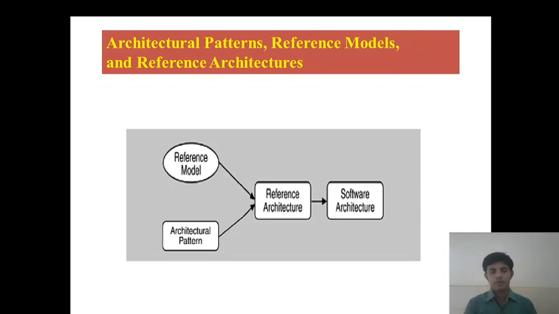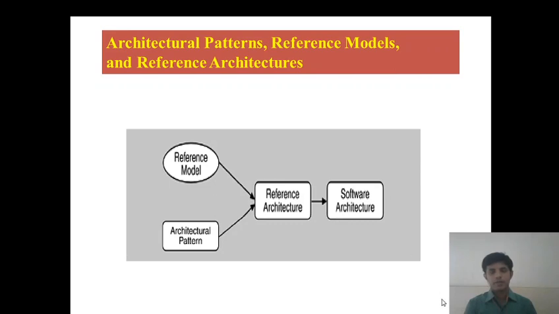If you observe, the inputs of the reference architecture are the reference model and the architectural pattern. The basic foundation for the software architecture are the reference models and architectural patterns. Based on these, reference architecture will be built.